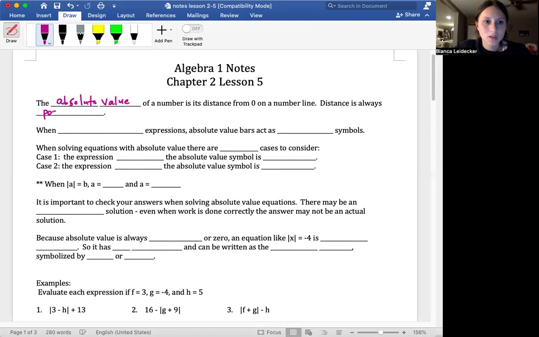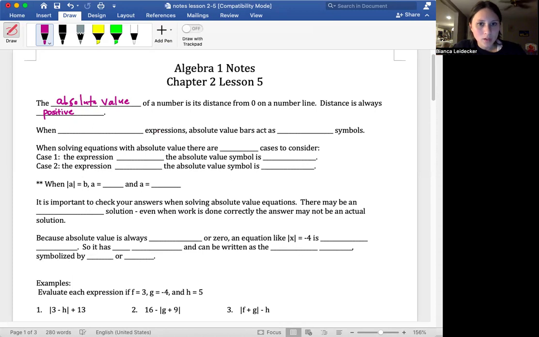So you're really just looking at how far away a number is from 0. So -5 is 5 away from 0. +5 is 5 away from 0. So both -5 and +5 in absolute value is just 5.